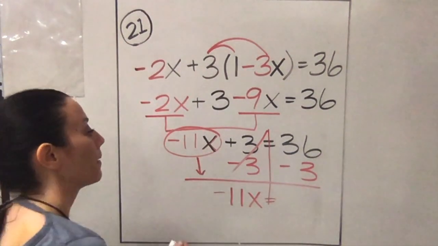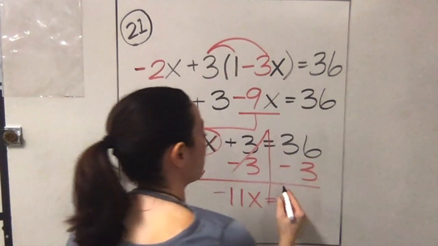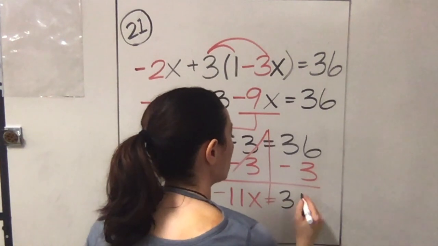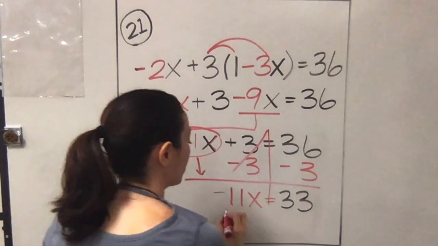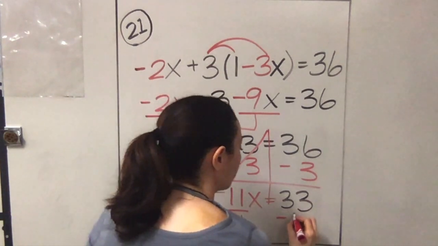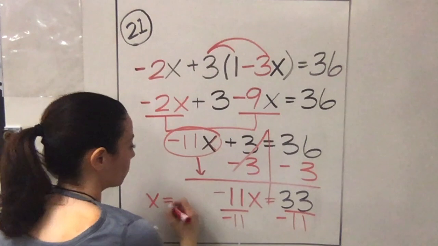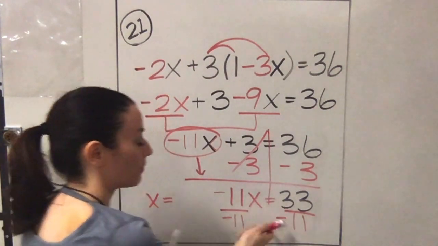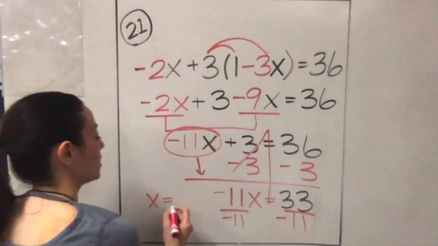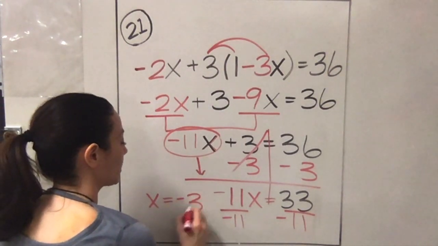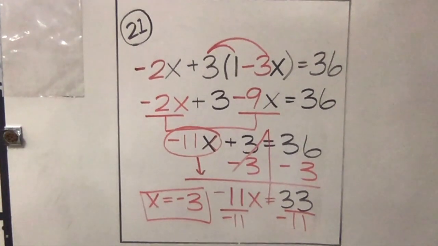So 36 minus 3 is just do 6 minus 3. These are positive numbers. So it's 33. Now we have to divide both sides by negative 11. And what is x going to equal? What is 33 divided by negative 11? A positive divided by a negative is negative. Good. So our answer is going to be negative 3. Go ahead and get that down.